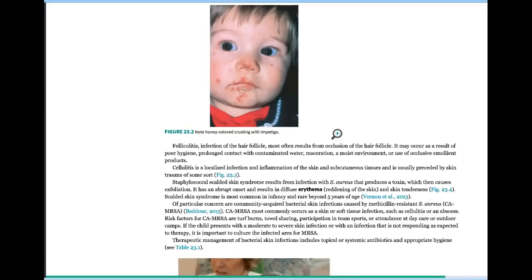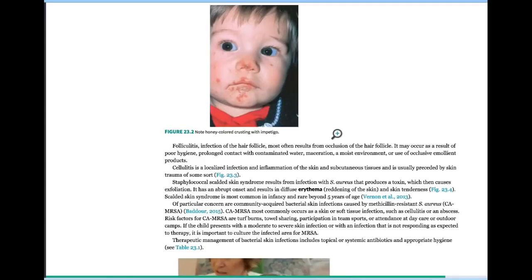Cellulitis is a progression of that. It's a little bit more involved and goes a little bit deeper. Sometimes it's preceded by trauma, whether it be a cut, a scratch or a laceration. Most of the time for a true cellulitis, they'll get an oral antibiotic to go with that.